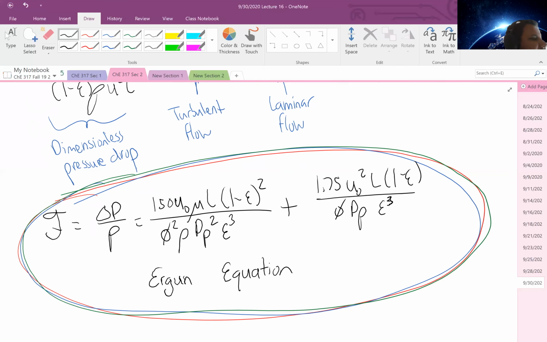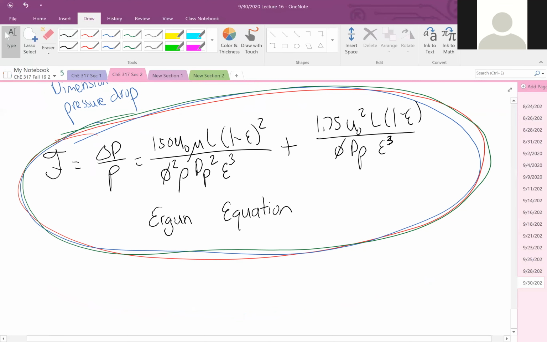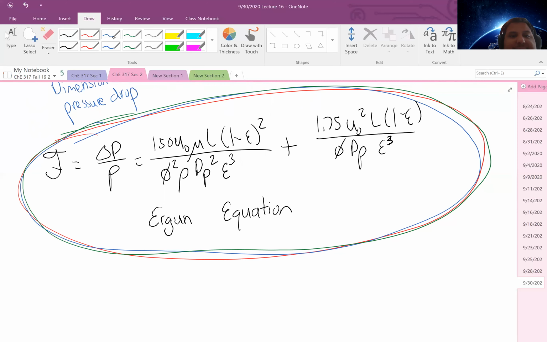Now, you may or may not have seen this depending on the types of reaction systems you've been looking at. But when you're interested in solving for pressure drop, this is what we typically find. With the Ergun equation, we have two terms.